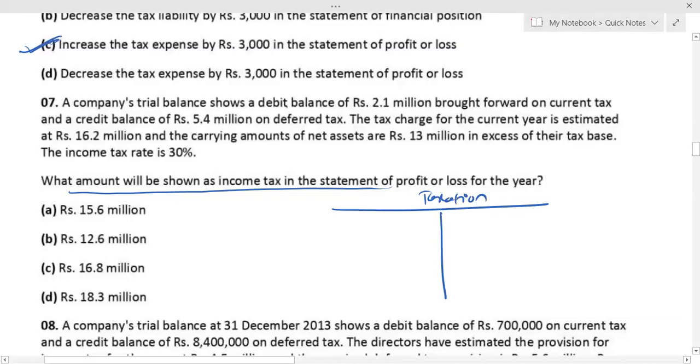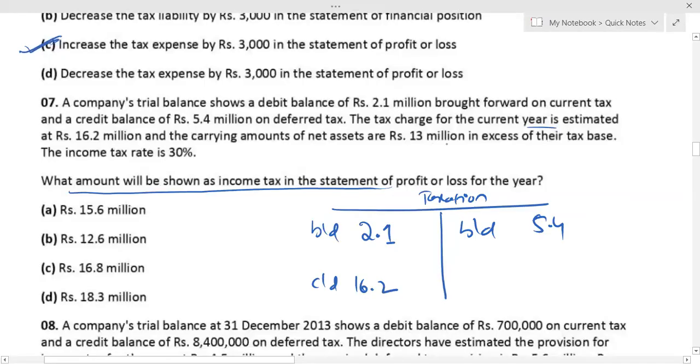A company's trial balance shows a debit balance of under provision of 2.1 million brought forward on current tax and credit balance of 5.4 million on deferred tax. The tax charge for the current year is estimated to be 16.2 million.